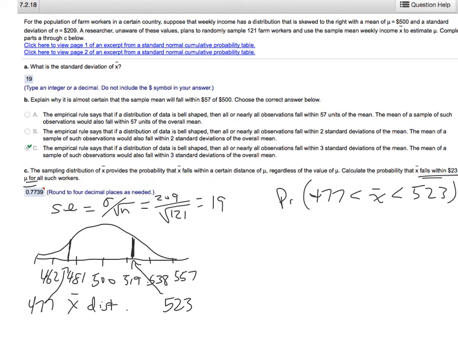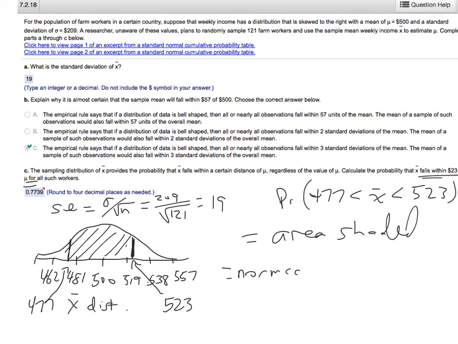Right, that's what it means to be within $23 of the mean, between $23 below the mean up to $23 above the mean. So when I'm asking a probability question or a proportion question like this, I'm actually asking for this area, and that's exactly what our normal CDF function tells us. So this probability is equal to the area that's shaded, and that's going to be normal CDF on a calculator.